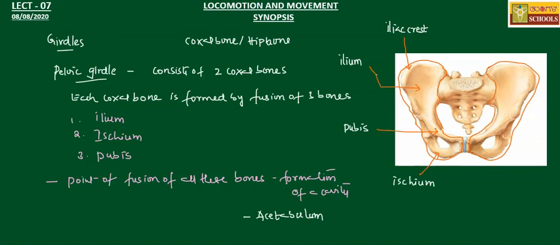On the top, this is the point where the vertebral column sits, and this part, up to here, is the sacrum. You can see it is a fusion of vertebrae.